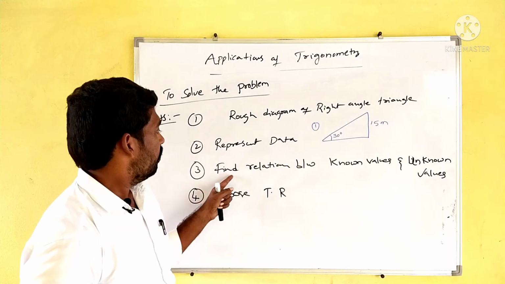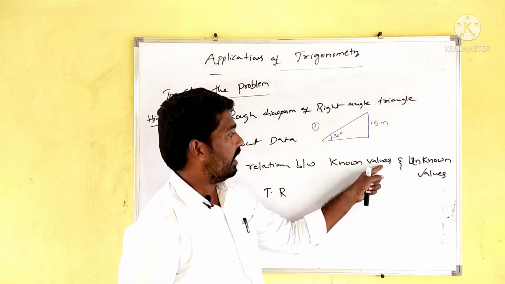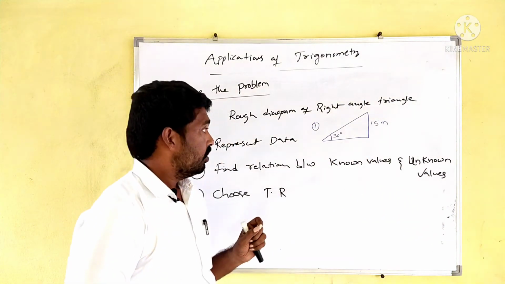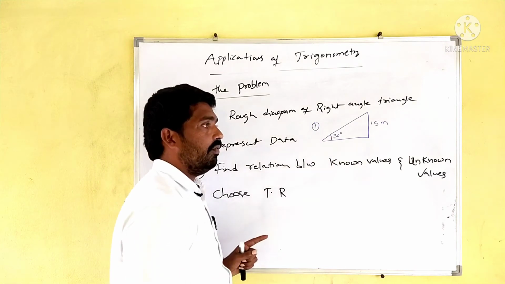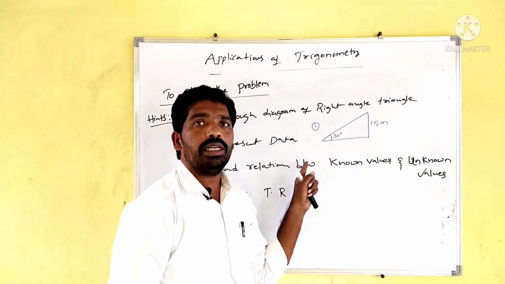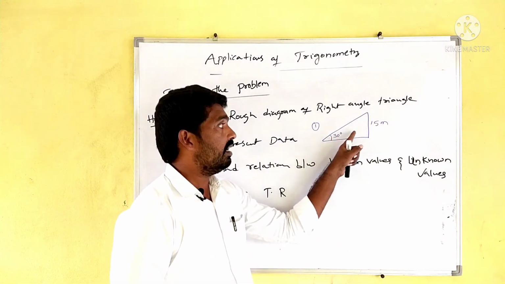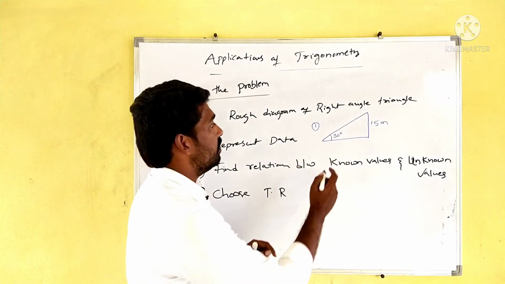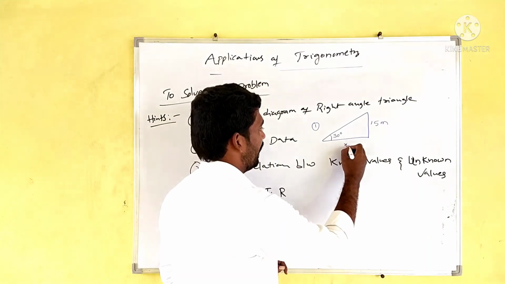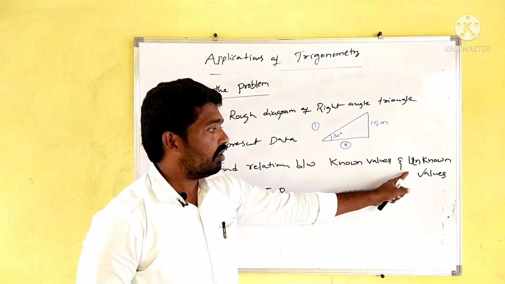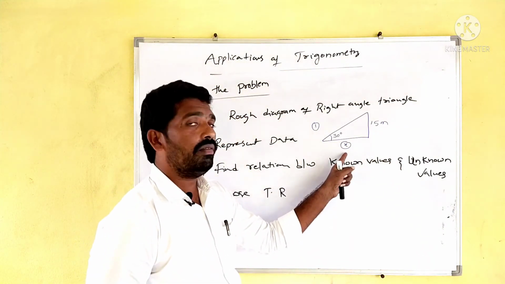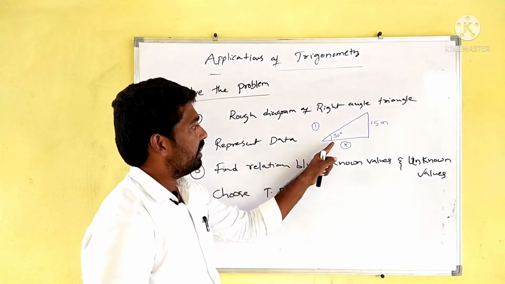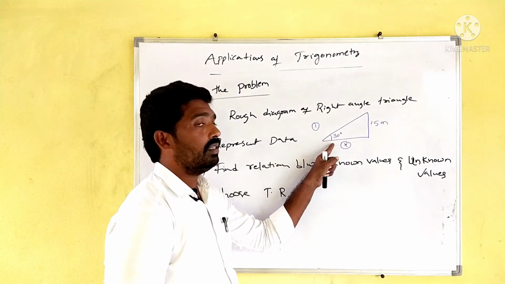And third, find the relation between known values and unknown values. Here the theta value is given, and the side opposite to theta is given. Then we need to find the distance between them. So x is the unknown value. To find the unknown value of x, compared to theta, this one is the adjacent side.